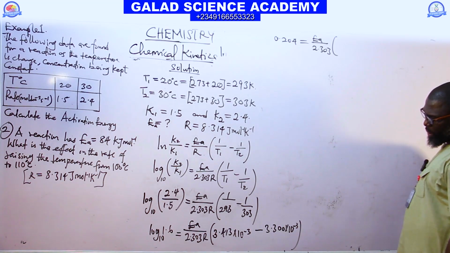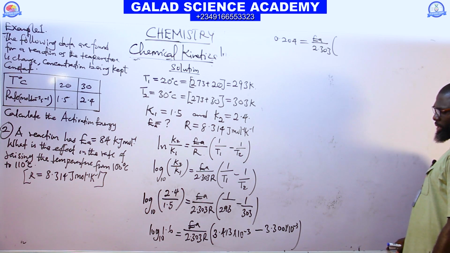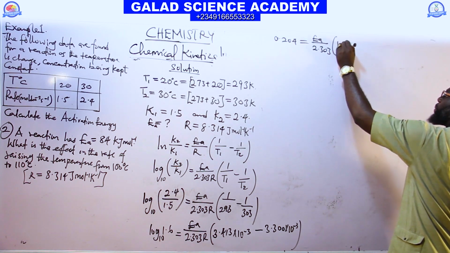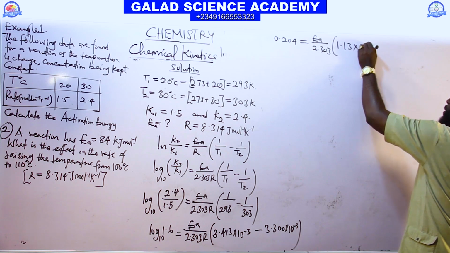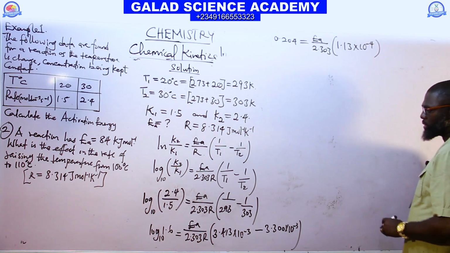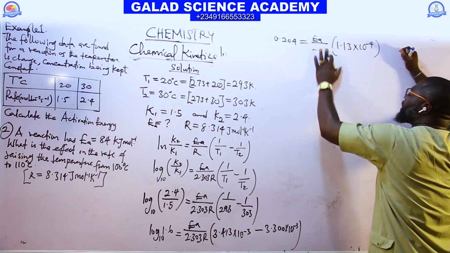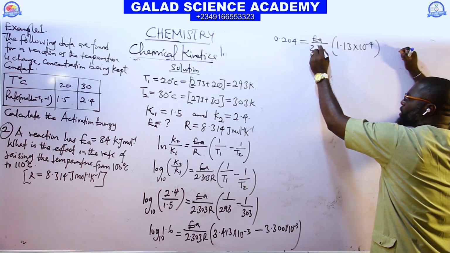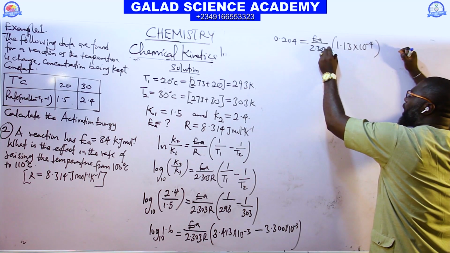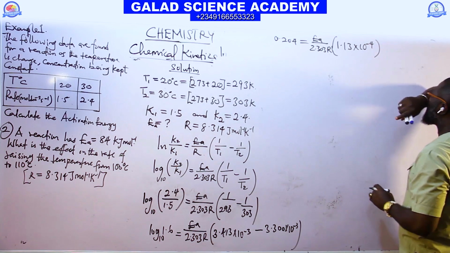We are left with 1.13 times 10 raised to power minus 4.